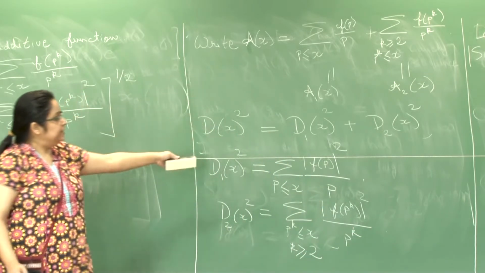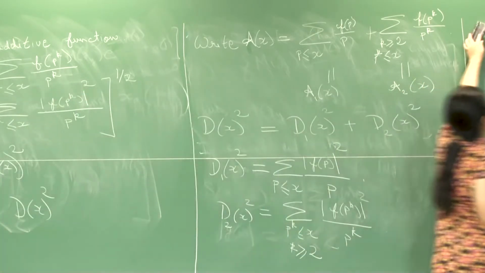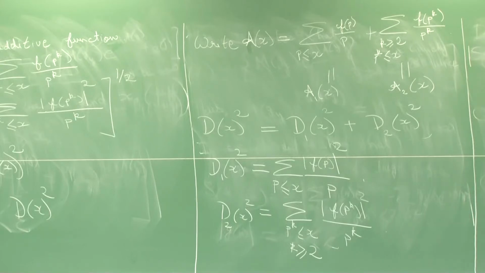So, in terms of these new functions, your Turan-Kubilius inequality is the following.